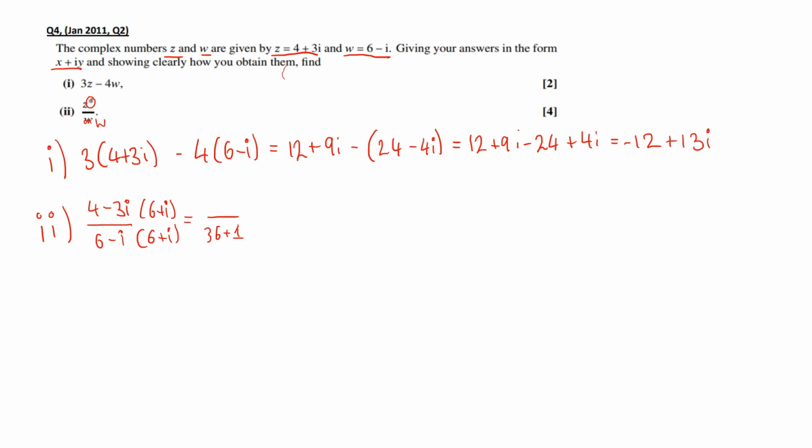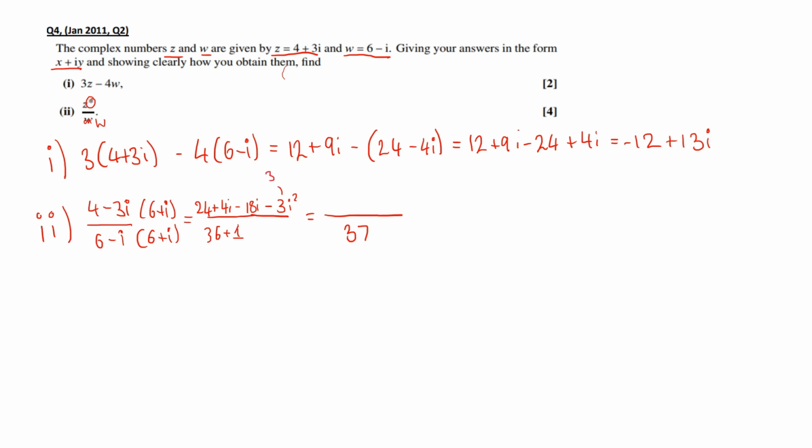6 times 4 is 24. 4 times i is plus 4i. Minus 3 times 6, minus 18i. And then minus 3i times i is minus 3i squared. So 37 on the bottom, divided by 3i squared. This is minus 1, so it's going to turn into 3.